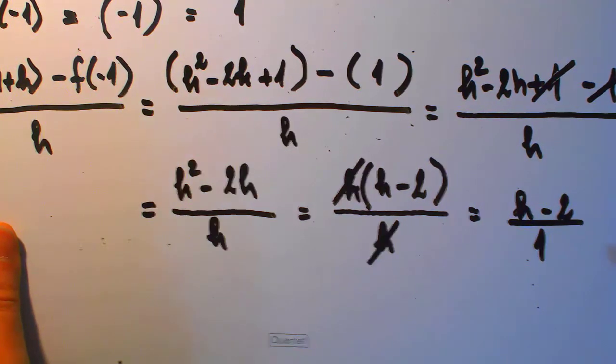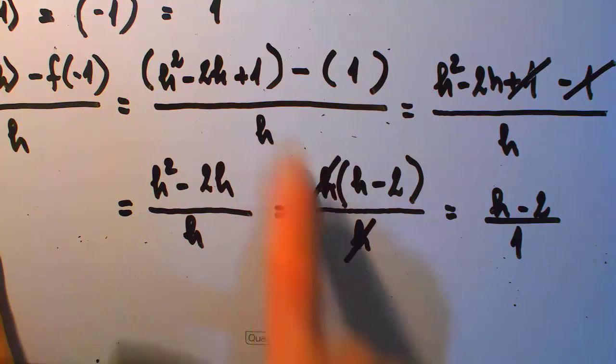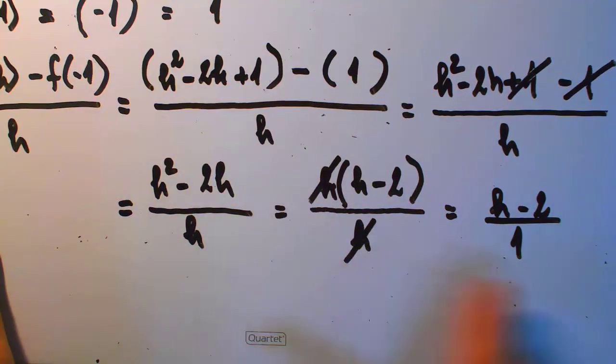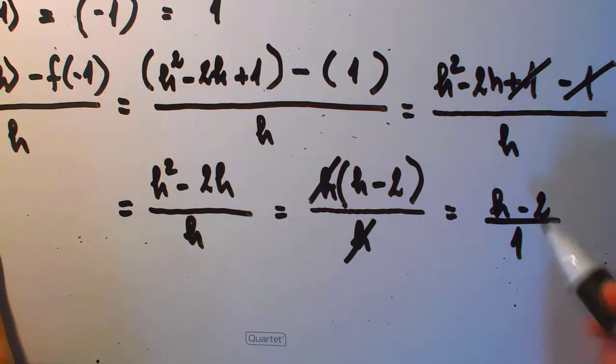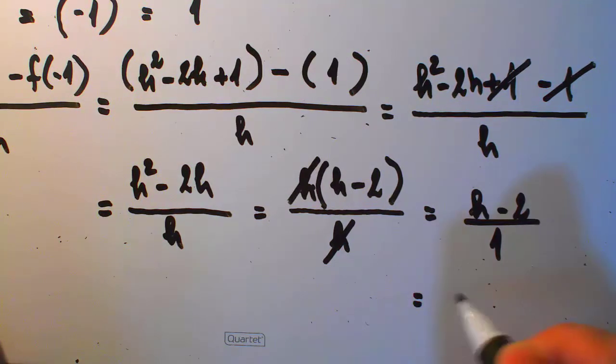Now I could have mentioned this in my previous example, that anytime you cancel away a common factor from numerator and denominator, if your factor was a lonely one in a denominator, then your resulting factor would always be a 1, not a 0. And then h minus 2 over 1 is obviously h minus 2.